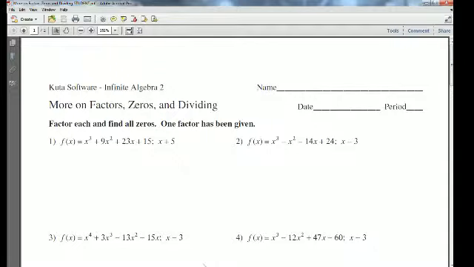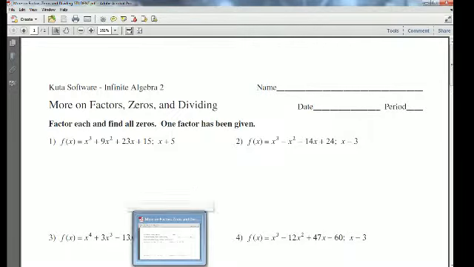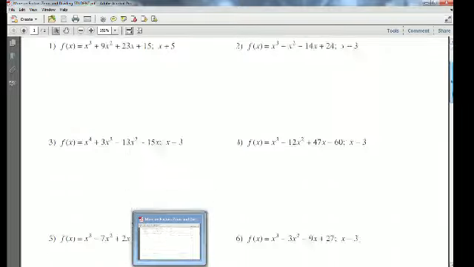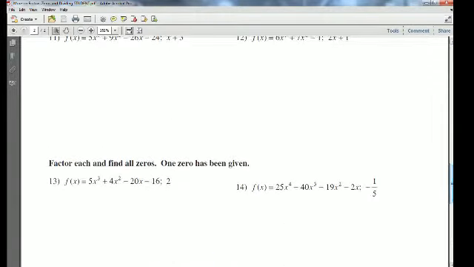Each day has its own work. This is what you should be working on today. I'm not going to actually ask you to do them all, but this is what it looks like. It's the same thing we just did: factor and find the zeros, one factor's been given. Or on the second page, factor and find all zeros, one zero's been given.